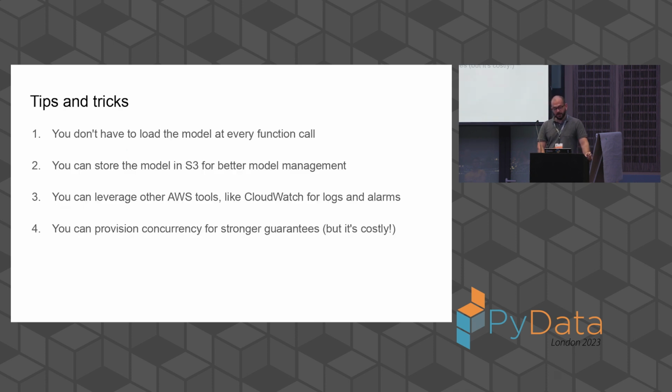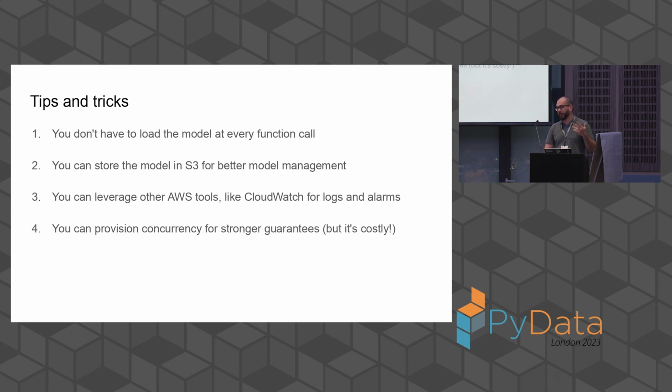And just recapping some important tips and tricks, you don't have to load the model at every function call. I didn't mention this actually, but since the model was outside the predict handler, it's just done once when the computing instance is created. So you pay the price in the first call, but then subsequent calls are going to be faster.